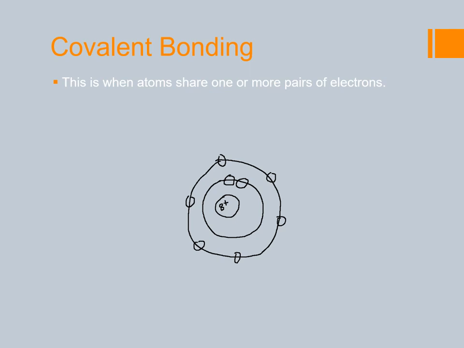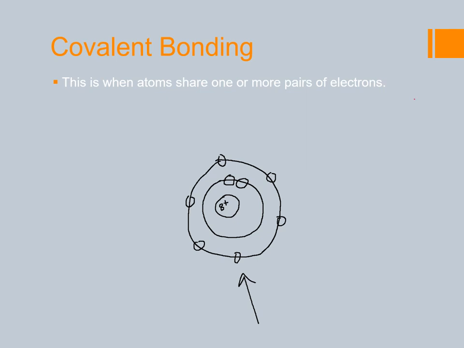Now you can see that this outer shell is not full. It's got 6 on, and there's 2 empty spaces. It needs to pick up 2. So where do the 2 come in? Let's look at red. So here is hydrogen. Hydrogen has an atomic number of 1.